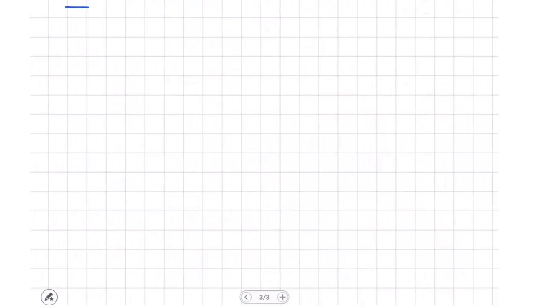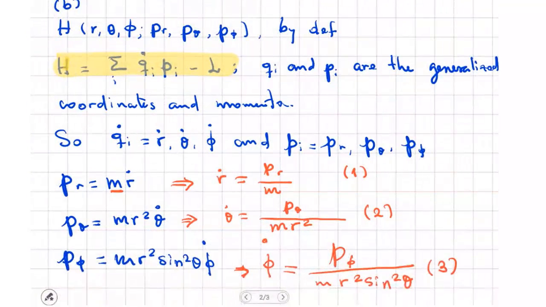If we remember that the Hamiltonian is given by the summation over the multiplication of the temporal derivative of the coordinates by the momentum minus the Lagrangian, we come back here and see the generalized coordinates.